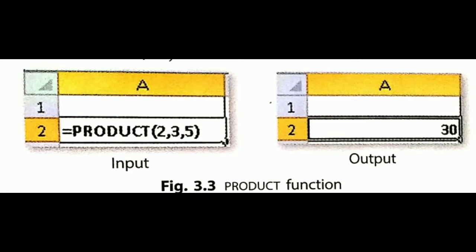I want to multiply 2 into 3 into 5, and the result I got is 30. So once again, the product function is used for multiplying the given numbers, and the syntax is equal to product, opening bracket, num1, num2, till whatever number you want to enter, and closing bracket.